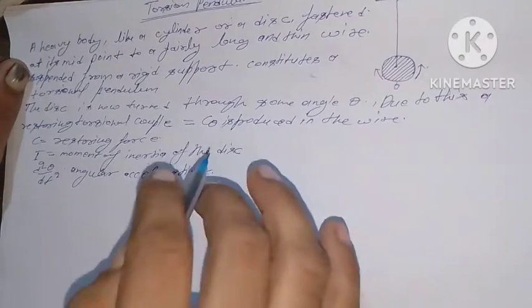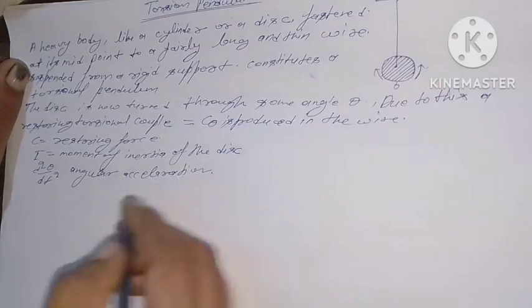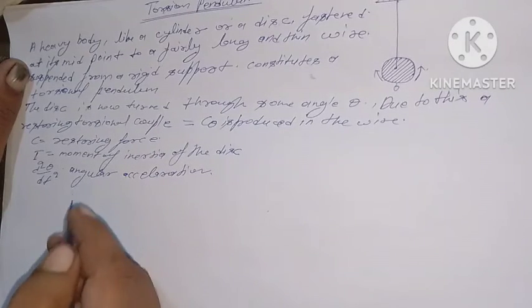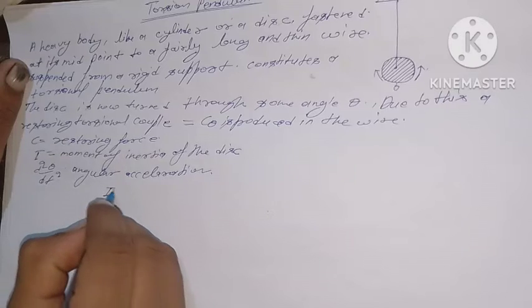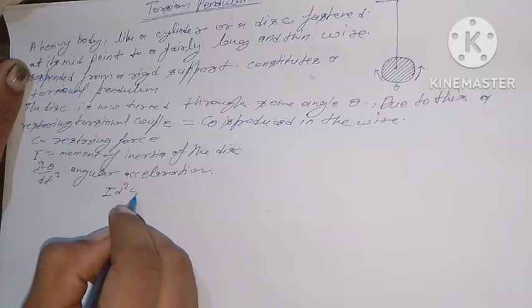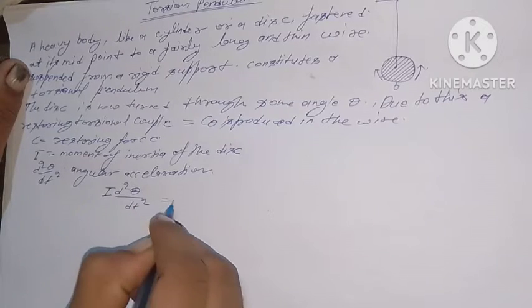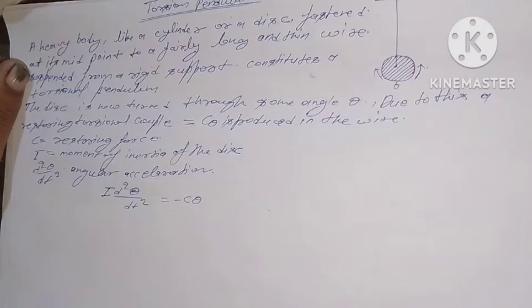The couple acting on it is also given by I d square theta by dt square. Hence, I d square theta upon dt square equals minus C theta.